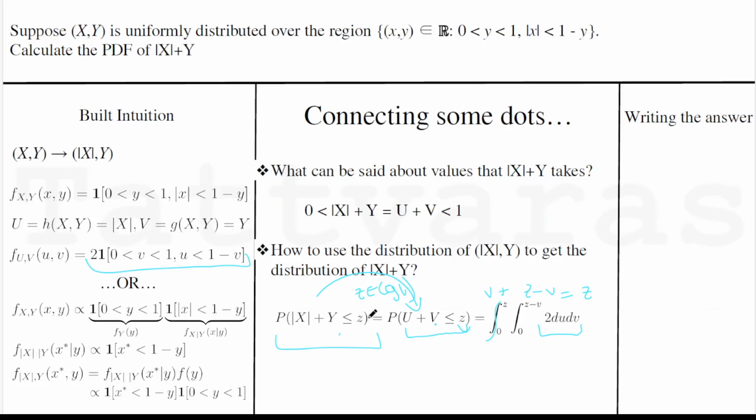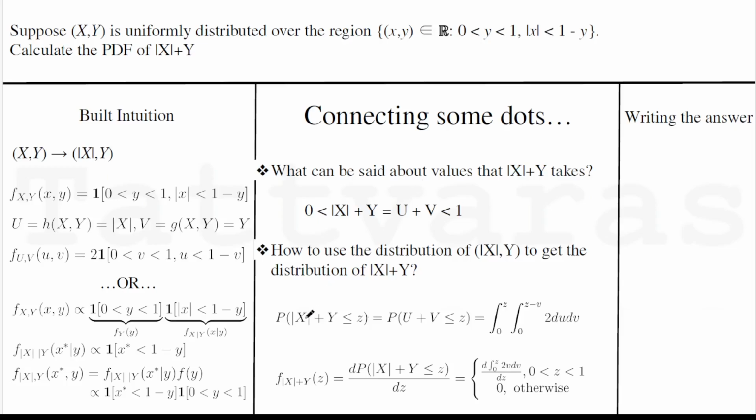And if z is greater than 1, then this CDF is going to take the value 1. So we have the CDF by this. And how we get the PDF is differentiate the CDF. And we apply the same logic of z being between 0 and 1 over here and 0 otherwise.